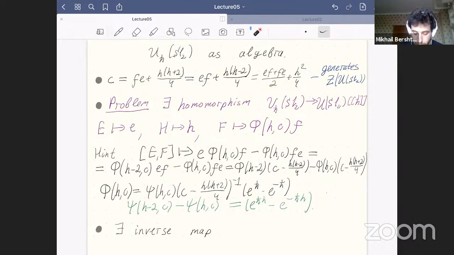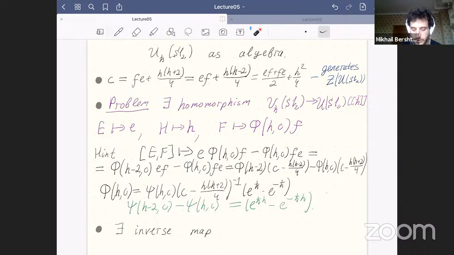And the theorem, which we will prove in this problem, is the following: there is a homomorphism of the H-bar-deformed universal enveloping algebra to the algebra of series of SL2, and there will be an isomorphism after the completion.